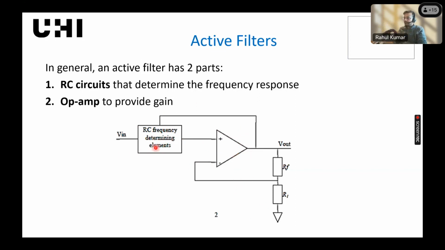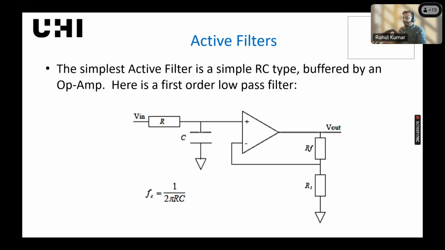This is the basic structure of an active filter. Now, this is your first order RC active filter. At the input, you have the RC filter and you have the op-amp.